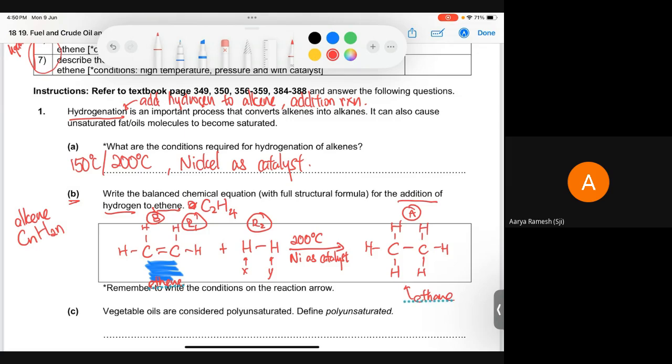Hassan, help me. Why is it called ethane? Don't open your video, your mic. My bad. So it's alkane. How do you know it's alkane? Alkane has no double bond.